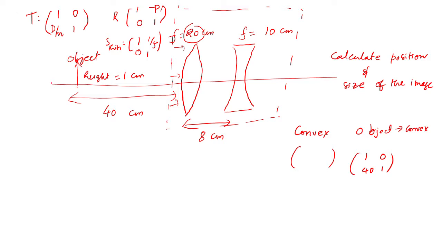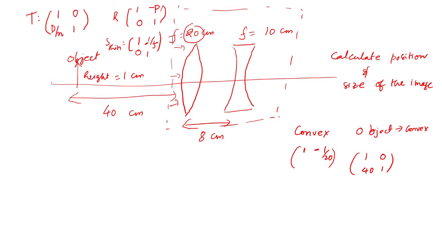So a convex lens is a converging lens, and the focal length is positive. So you should have minus 1 over f, here just minus 1/20, 0, 1.